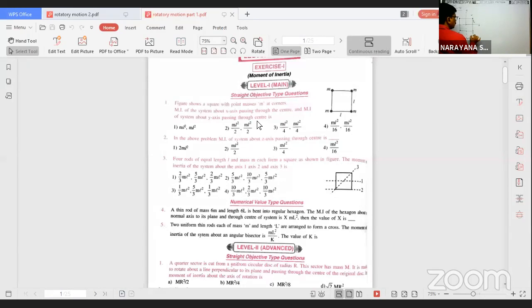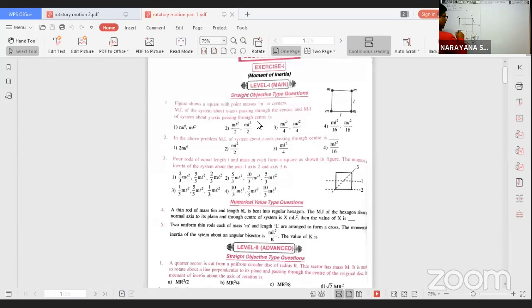So mass into L by 2 whole square is the moment of inertia of one particle about this axis. All particles have the same masses and same distances. 4 particles are there, so multiply by 4. That is equal to m L square only. Similarly about the y-axis, you will get the same particles and same distances, so the same formula. That's why Ix is equal to Iy is equal to m L square. This is the formula.